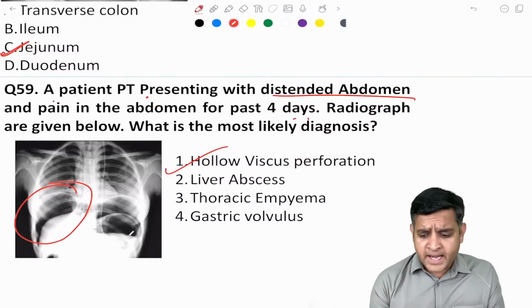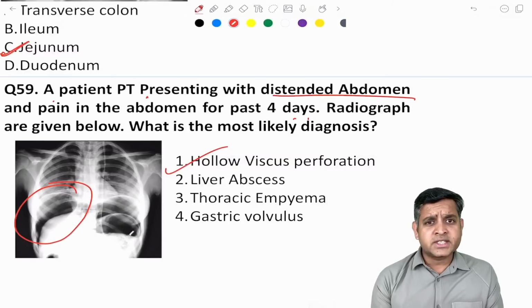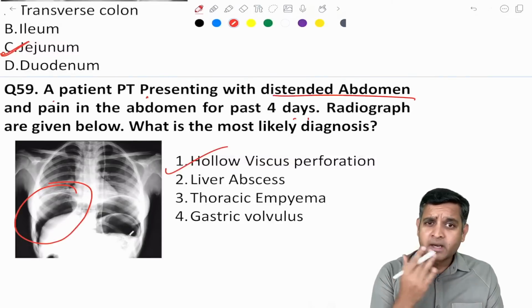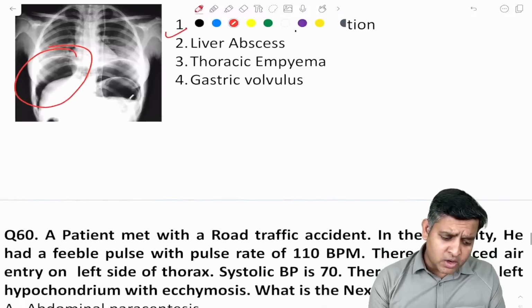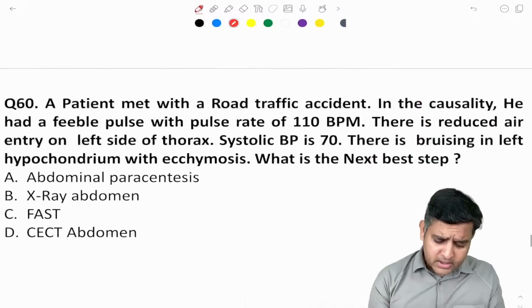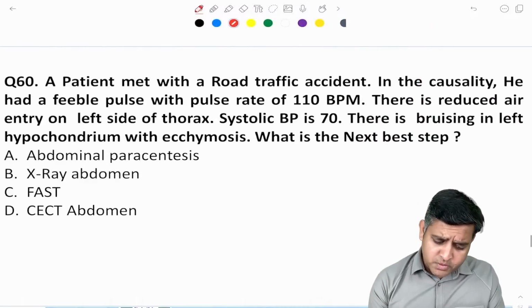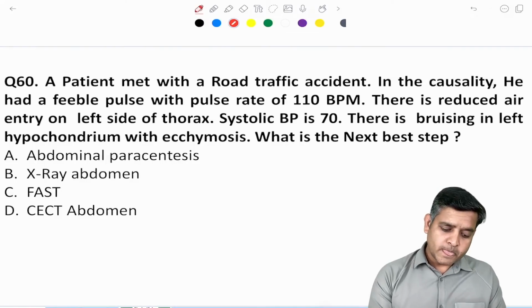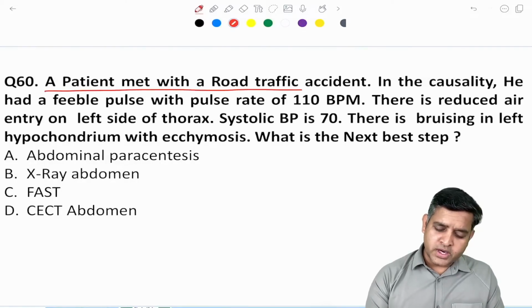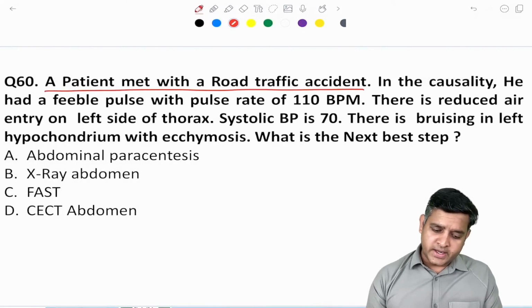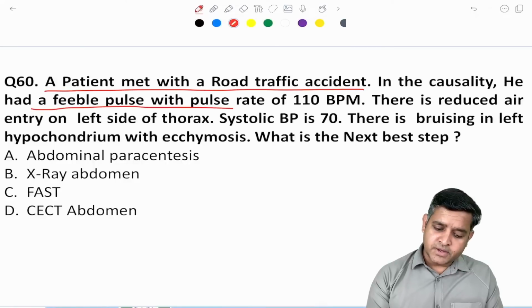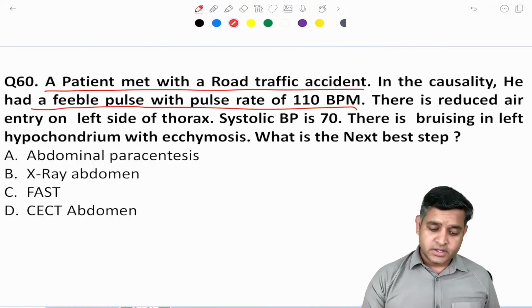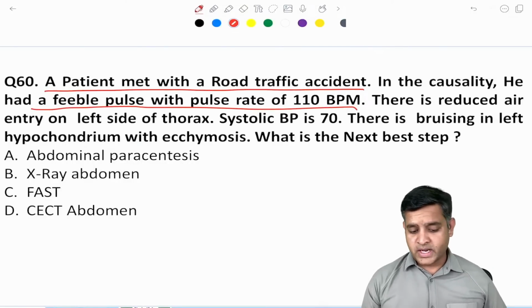Pneumoperitoneum, pneumothorax, EDH, SDH, SAH, diffuse axonal injury, shape of skull, shape of heart. These are the questions that have to be there and you have to know them without a doubt. A patient met with a road traffic accident. In the casualty, he has a feeble pulse with a pulse rate of 110. There is reduced air entry on the left side of the thorax.